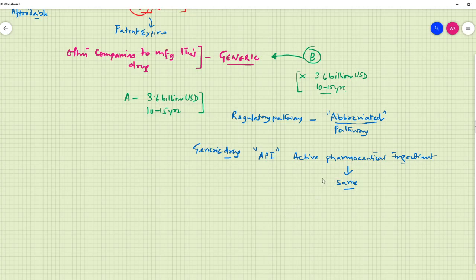Okay. So the regulatory authority says you can get an approval very fast because it is a generic drug.